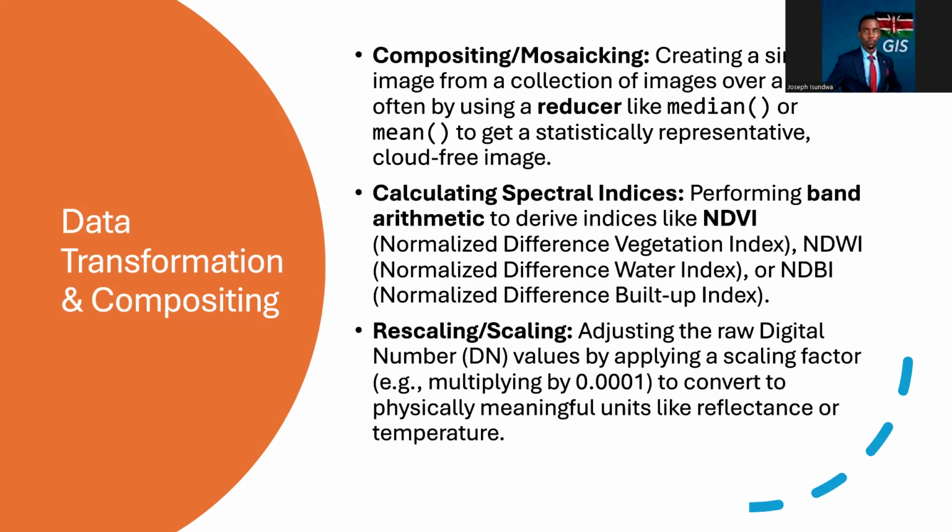So when we combine, for example, the red band, blue band, and green band, we get a real color image. That is what our eyes usually see. So that is what we call spectral composition or band indexing.